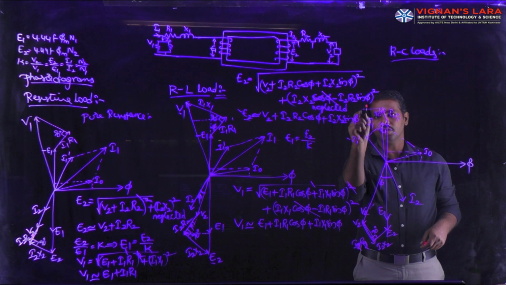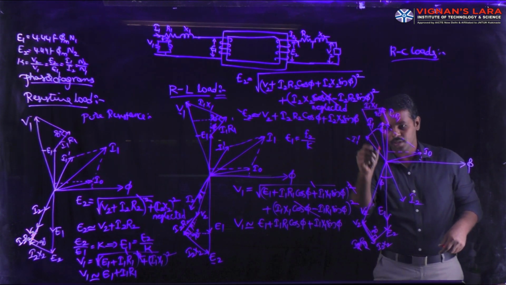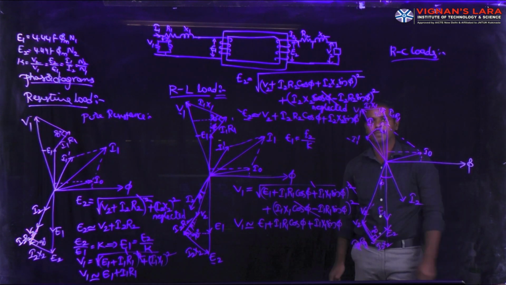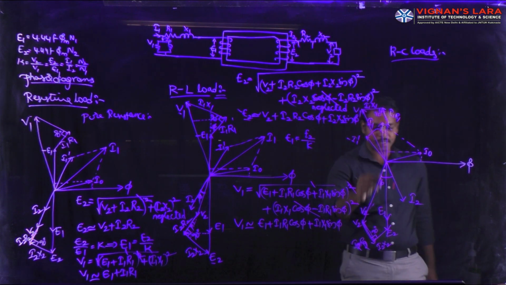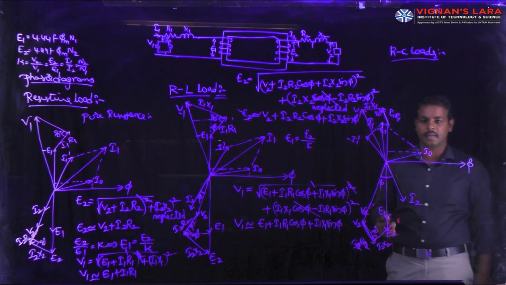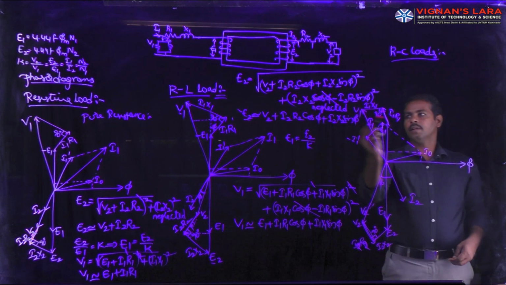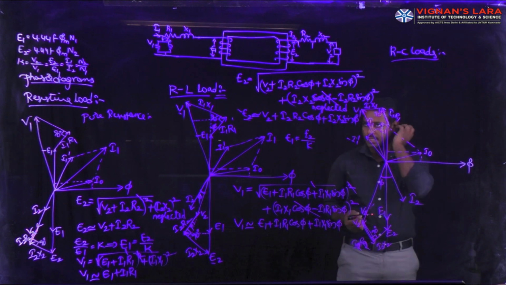The resultant is V1. So this is the final phasor diagram of a transformer operating on capacitive loads. Then we can find the voltage equations of a transformer.